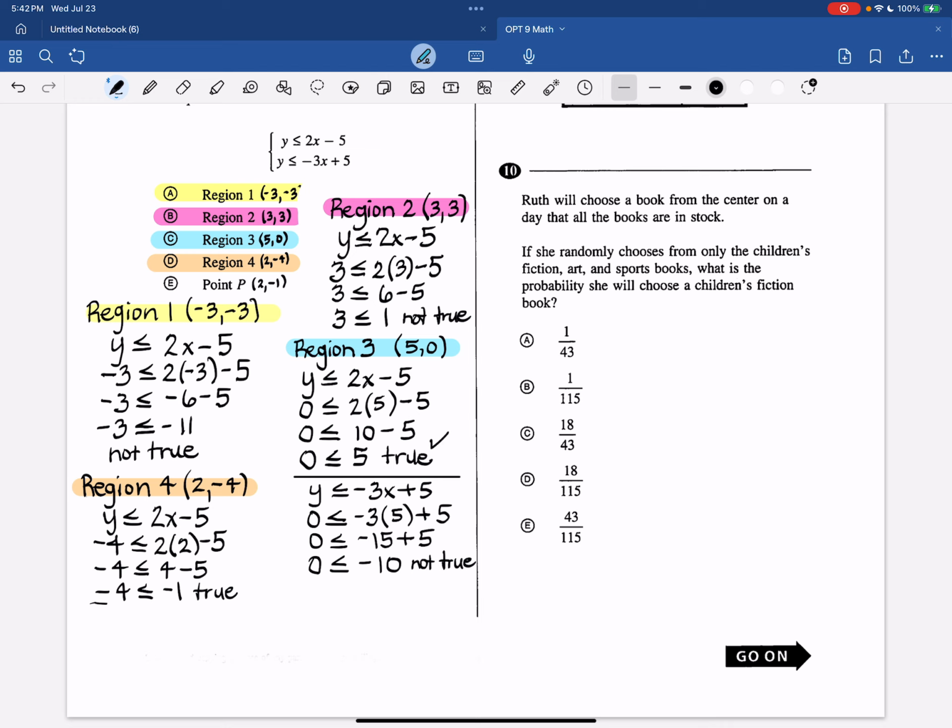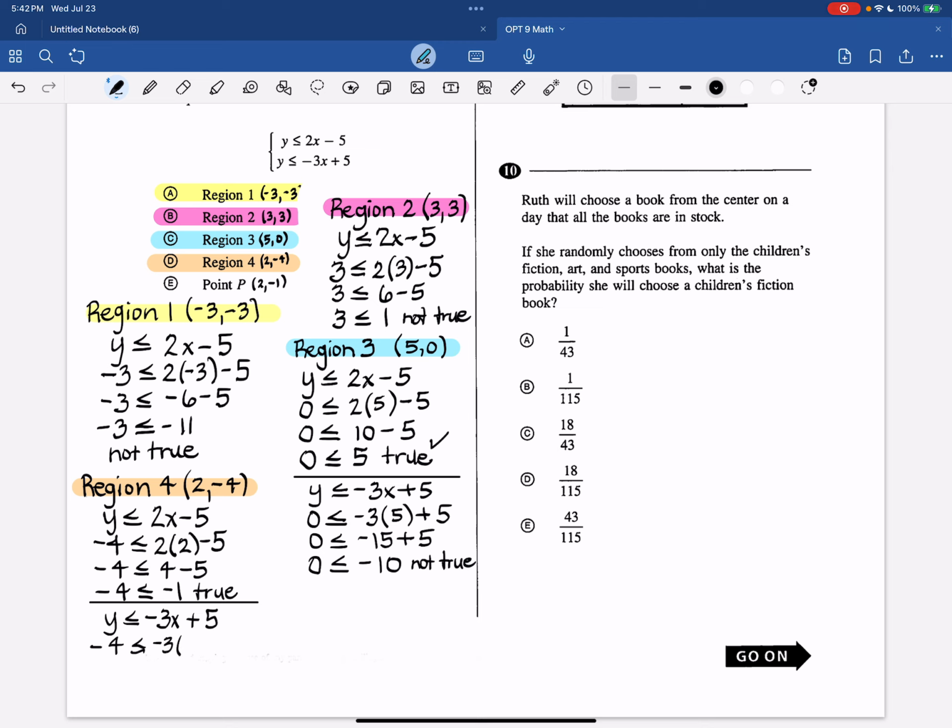But remember, it has to work for both inequalities if this is a true system. So let's try the other one. We have y is less than or equal to -3x plus 5. So -4.